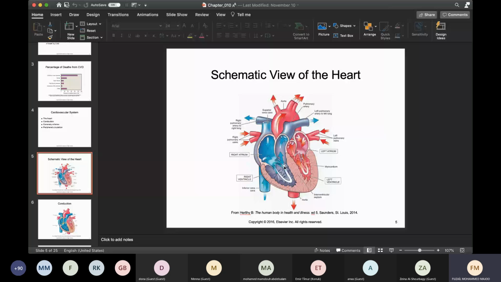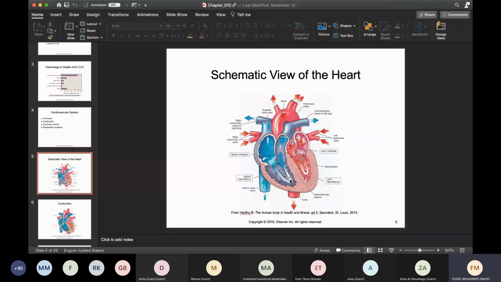Now, over here and here, you look at these two main blood vessels where the blood is being pumped out of the heart, okay? The blood vessels that the heart pumps blood out into, first is the pulmonary trunk, and the other is the aorta.